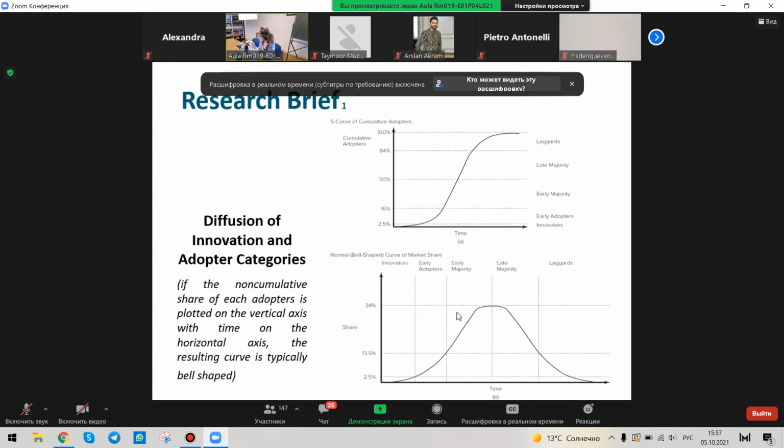We have this representation that is just a traditional bell-shaped curve, okay? And this is also the representation that Rogers, one of the most important researchers on innovation, designed, which is called the innovation adoption curve.